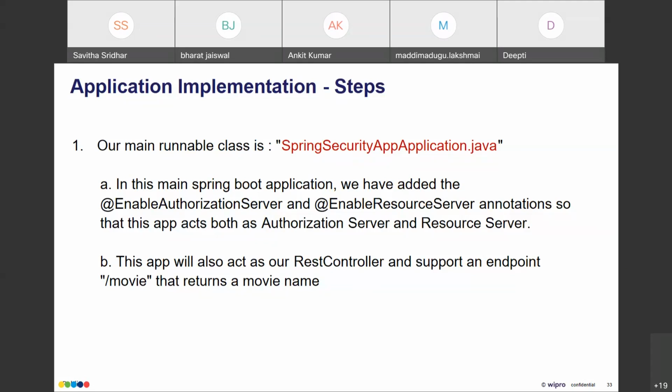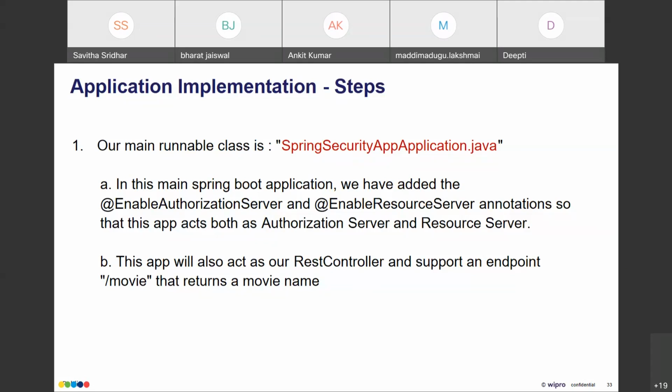You can have both these as 2 different classes also. They have different roles, but they work hand in hand, right? One is going to generate the token, the other one is going to validate the token. So my app is going to behave both as an authorization server and the resource server, so I will just add these 2 annotations onto my class.